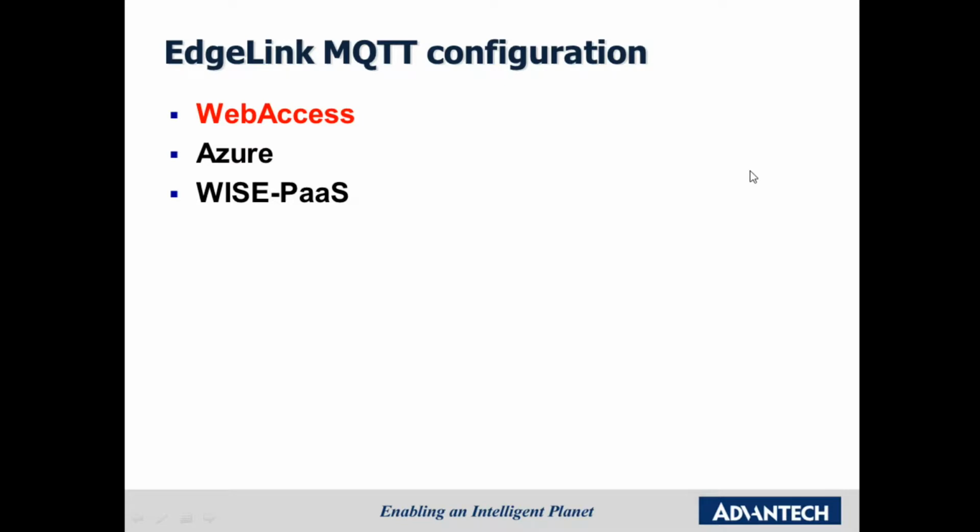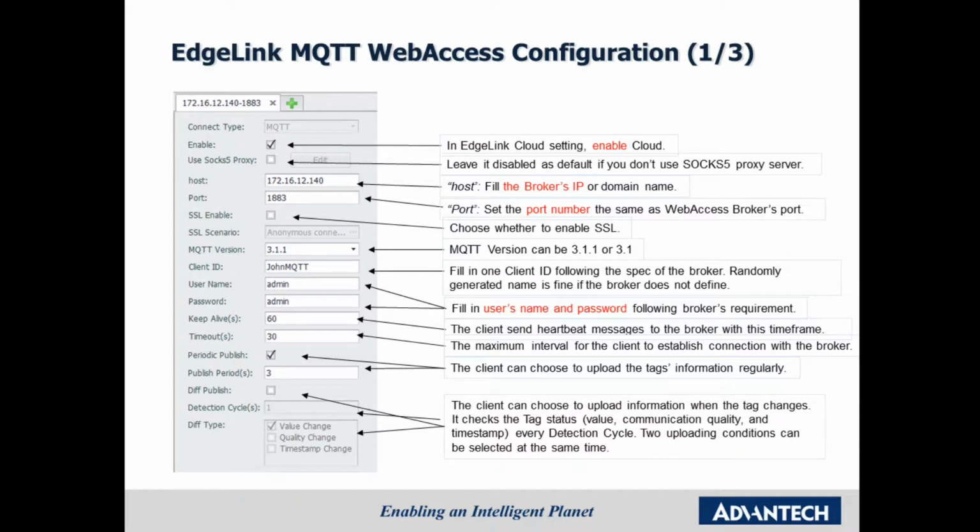Okay, our first example is connecting with WebAccess. So we choose WebAccess in the categories of cloud service. In EdgeLink Cloud setting, enable the WebAccess Cloud. Leave it disabled as default if you don't use a Socks 5 proxy server.